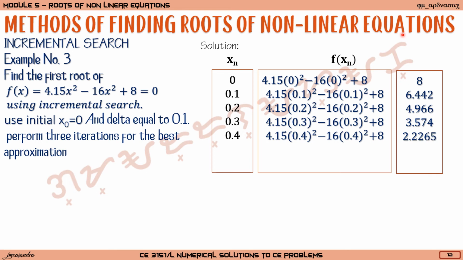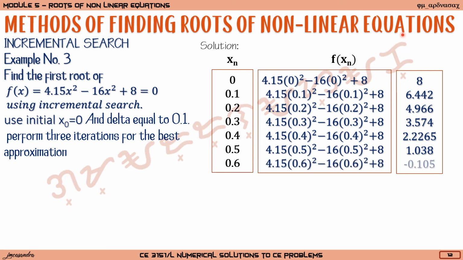Substitute, we get a value of 2.2265. Then, next x is 0.5. Substitute, we get now 1.038. Then, next, we have 0.6. Substitute, we get now negative 0.105.